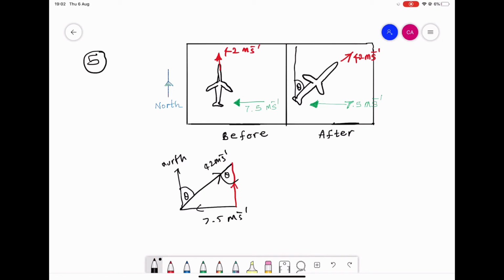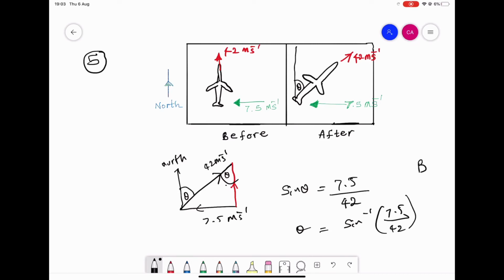Therefore, we can write sine theta is 7.5 divided by 42. Therefore, theta is sine inverse of 7.5 divided by 42. Therefore, the answer is B.